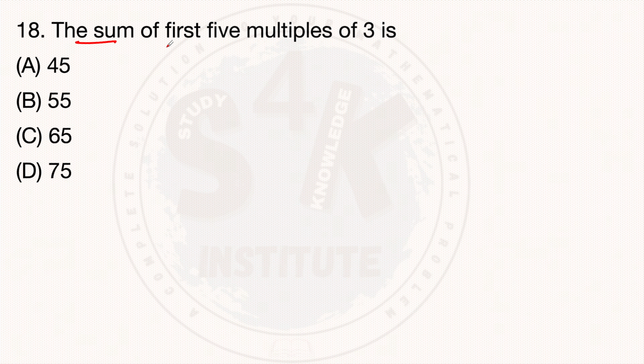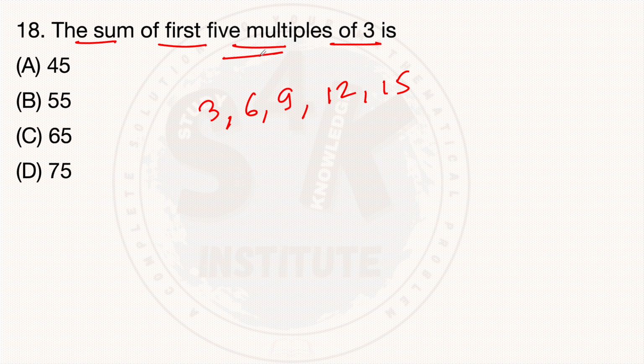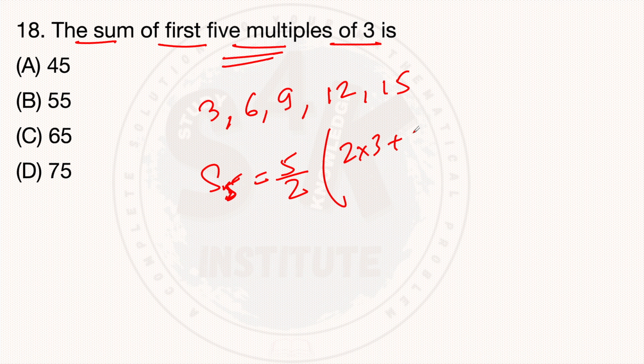Question number 18. The sum of the first 5 multiples of 3, that is 3, 6, 9, 12, 15. You can add this way, but let's use the formula. S5, they are asking for 5 terms. First term is 3, so 2 times 3 plus (5 minus 1), that is 4, times the difference 3.